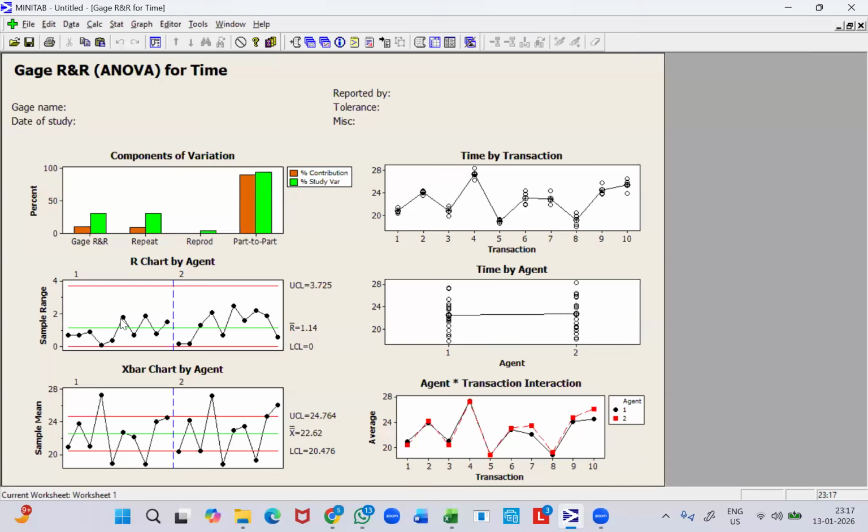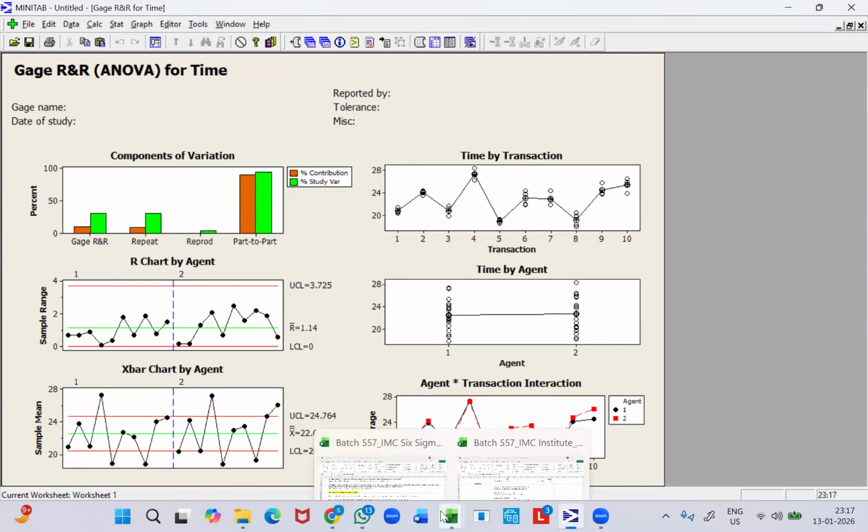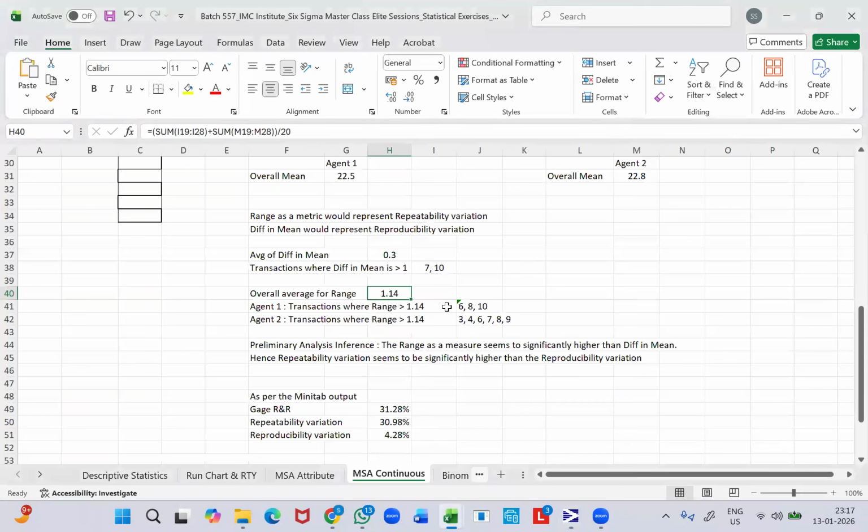Keep the cursor on top of these data points. These are sample number 6, sample number 8, and sample number 10.